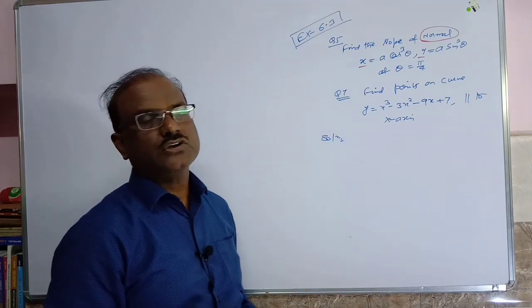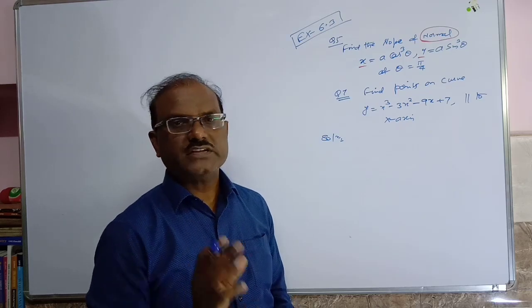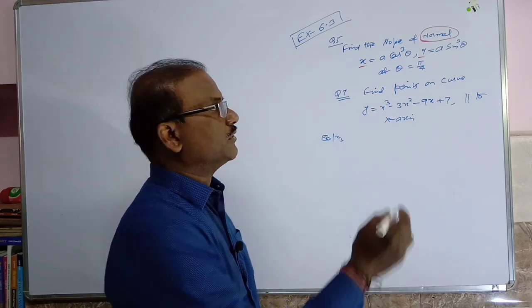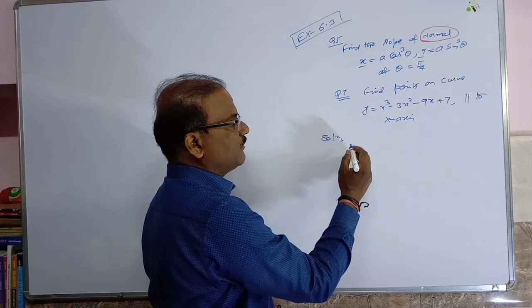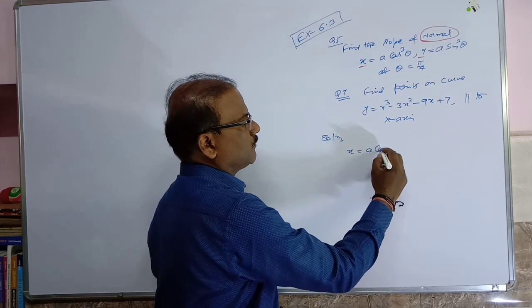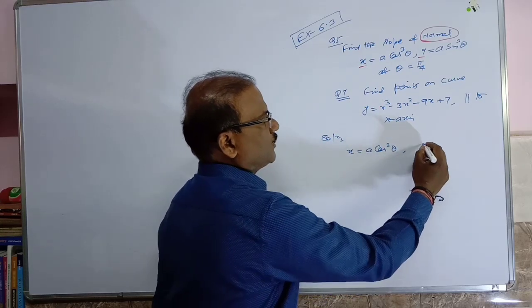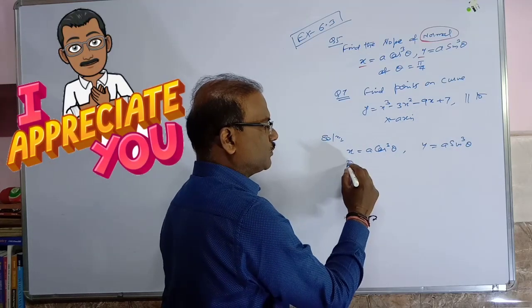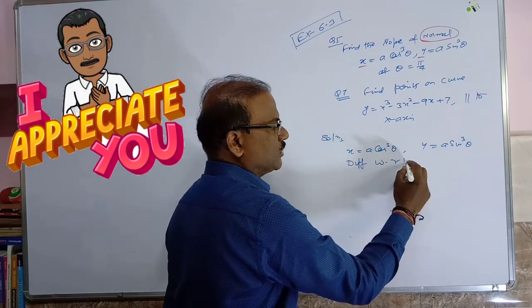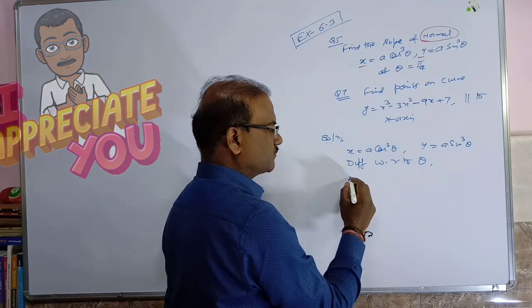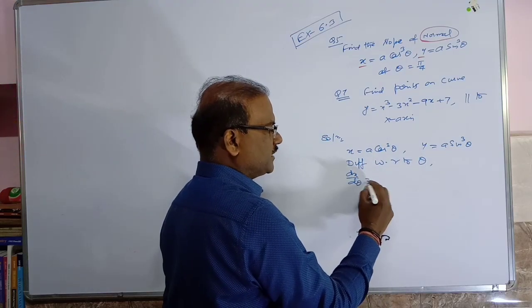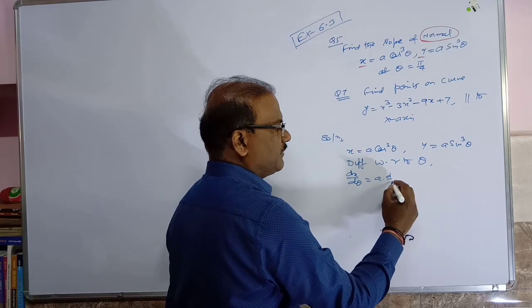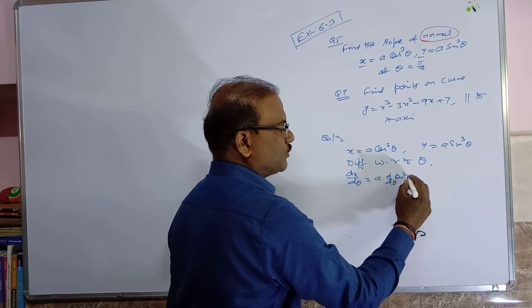You have to first get the dy by dx of that curve. Because it is in parametric form, we have to differentiate individually: x equals a cos cube theta and y equals a sin cube theta. Differentiate both one by one with respect to theta. dx by d theta is the derivative of a cos cube theta.